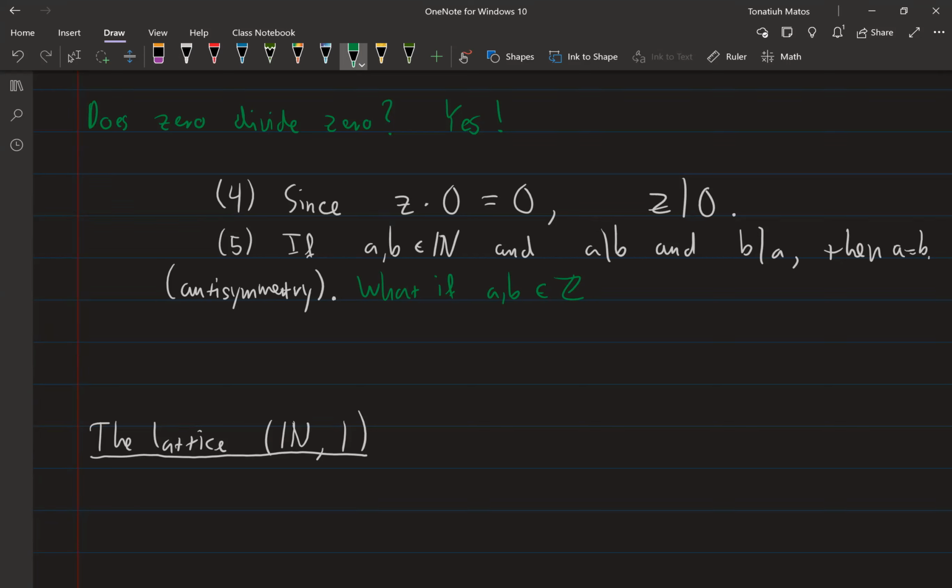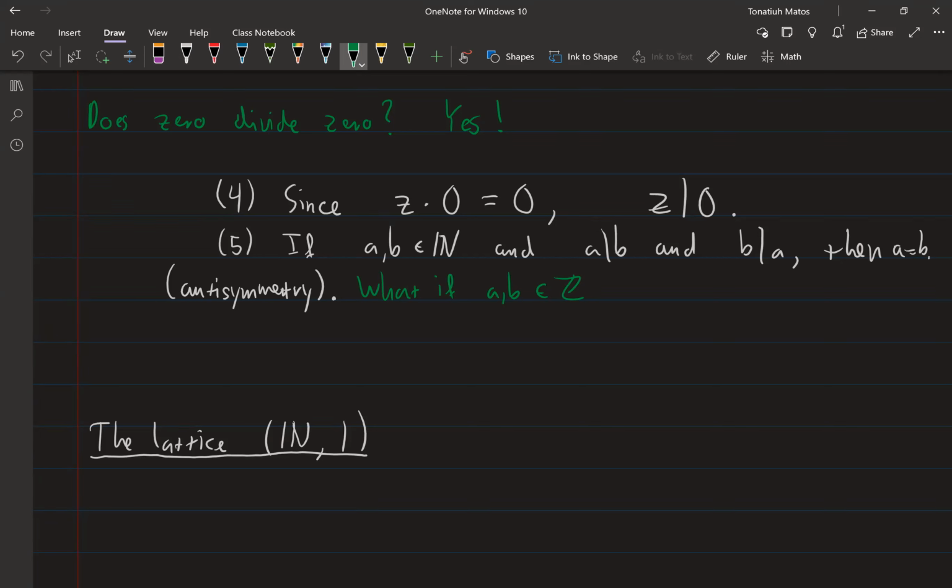For one, you use the number -1, and for the other, the same thing. -2 times -1 is 2. Therefore, -2 divides 2. Now, 2 times -1 is -2 as well. Therefore, 2 divides -2. So a number and its negative always divide each other, even though they are not the same, right? So keep this in mind.